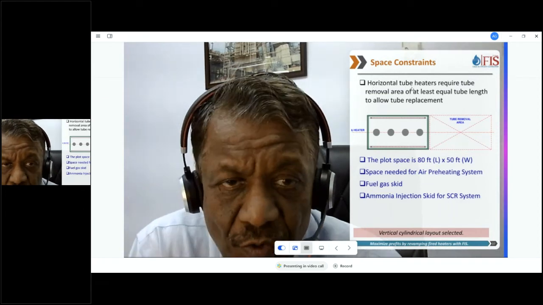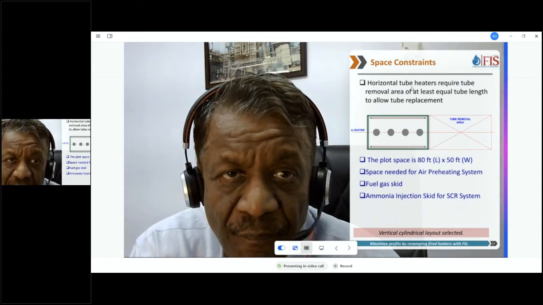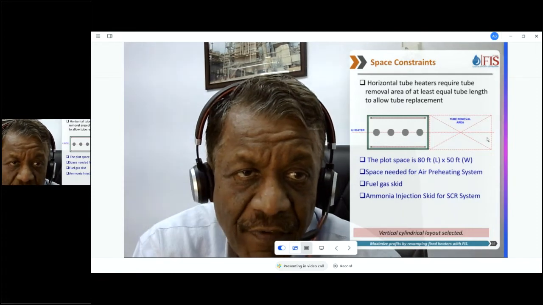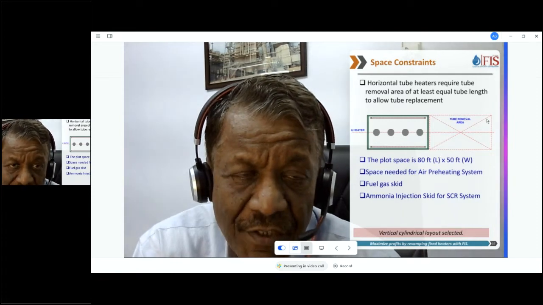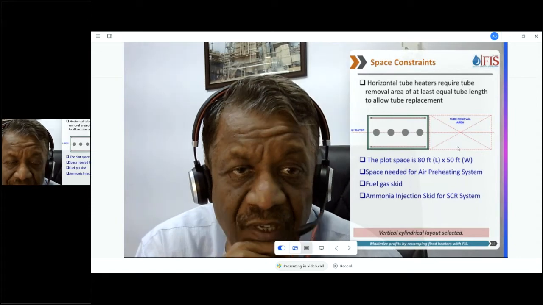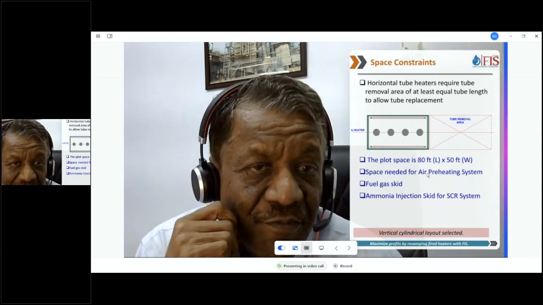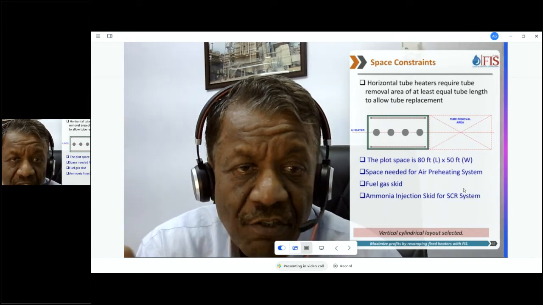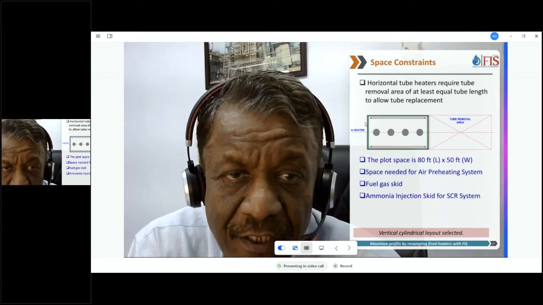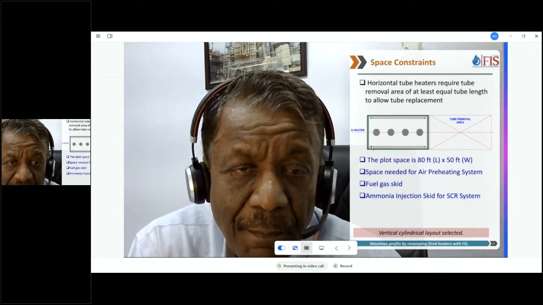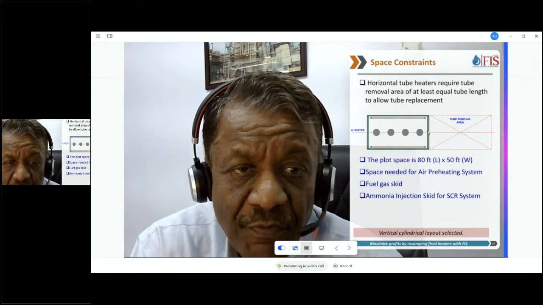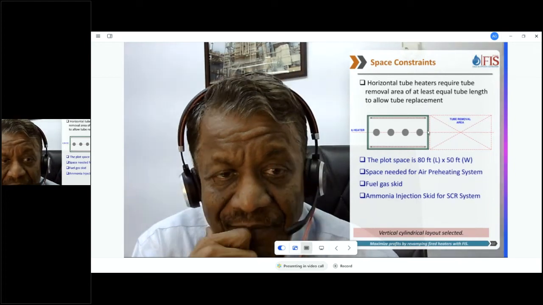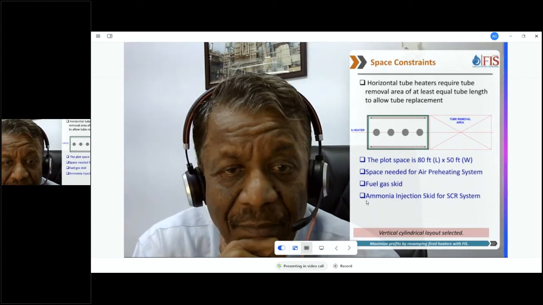If we had to do a horizontal tube heater, we will have to provide a tube removal area, which is the same space. And as I said, we needed space for air preheating system, fuel gas skid, ammonia injection skid. So it was impossible to put a box type heater. So we said, okay, we will select a vertical cylindrical heater for this application.